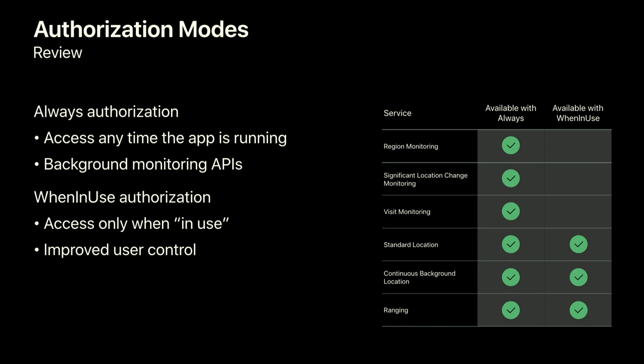For example, if you're using the Continuous Background Location API, on iOS, Core Location will draw a blue double height status bar at the top of the screen, reminding the user that the app is still running and still accessing their location. And in that way, your app is still considered in use. We introduced the when in use authorization mode because we wanted to allow users a greater level of control over how apps access their private data.